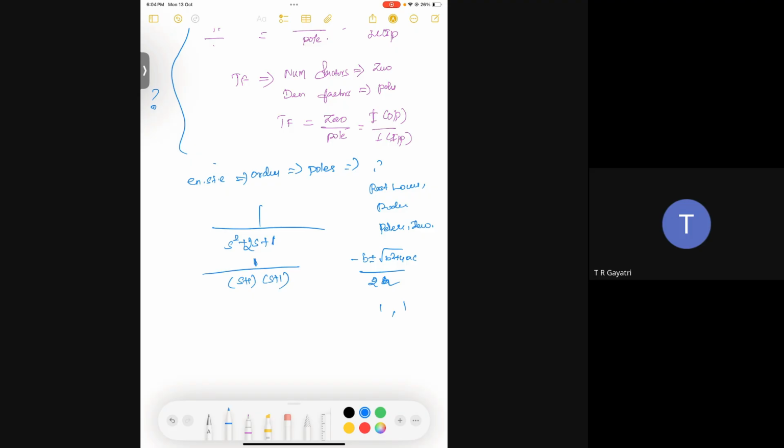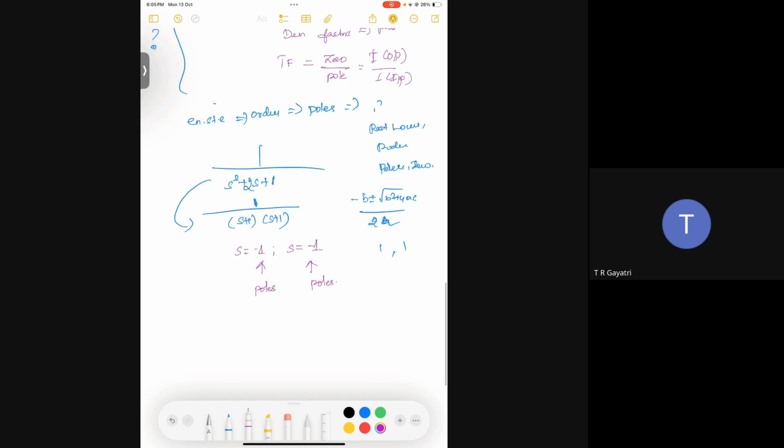So just disintegrating the system representation into factors of the system. So I can say this s plus 1 becomes s is equal to minus 1, s is equal to minus 1. So this value we call a pole particularly. The factors of the system are called poles. So the system has two poles and the two poles lie at minus 1 comma minus 1.